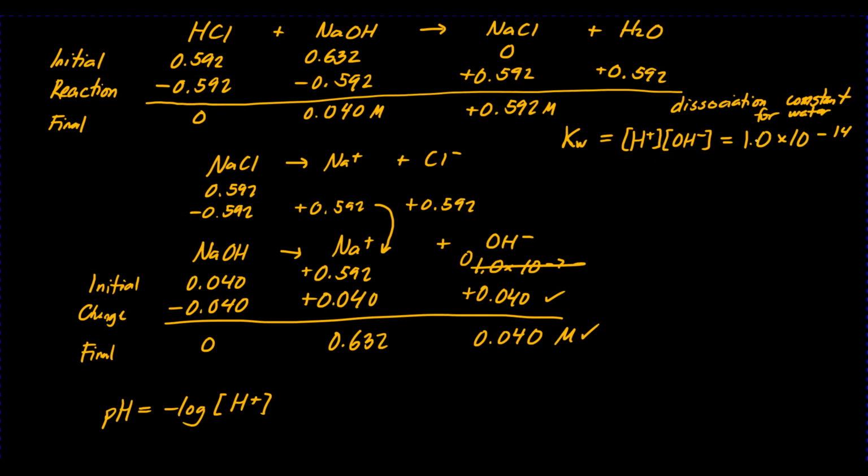The value is 1.0 times 10 raised to negative 14, which is true. As far as I remember, this value is true for 25 degrees Celsius or probably 20 degrees Celsius, but this is mostly used assuming in our computation that it's always 25 degrees Celsius. So just keep in mind that this value changes depending on the temperature of the solution. So here we will assume 25 degrees Celsius.